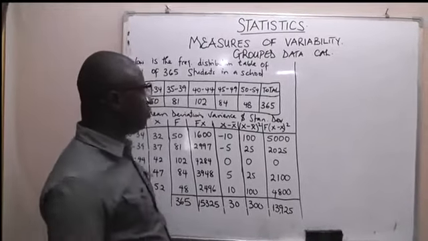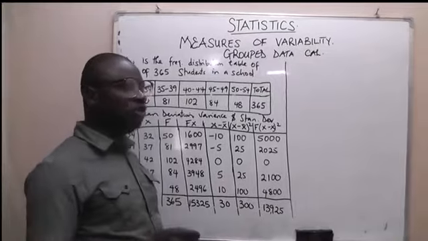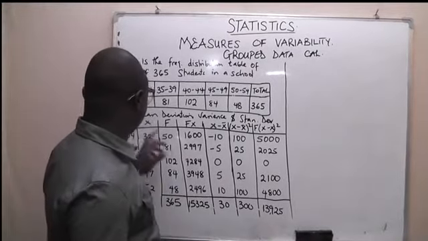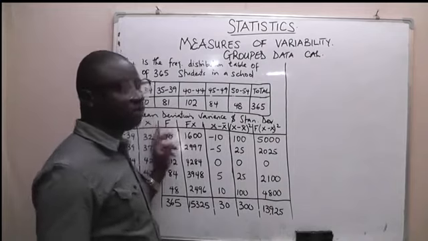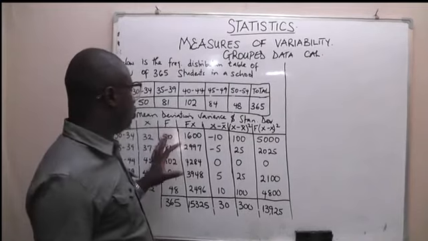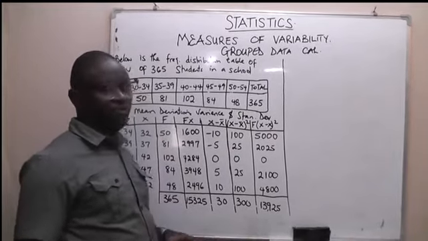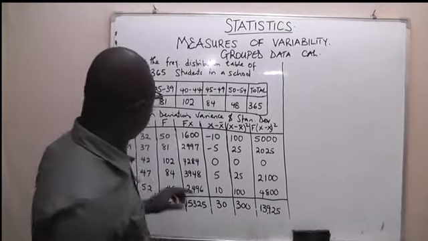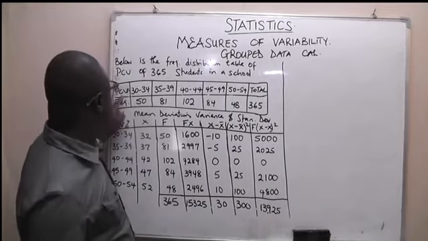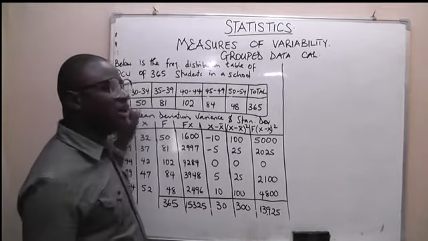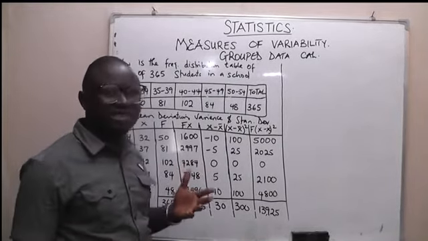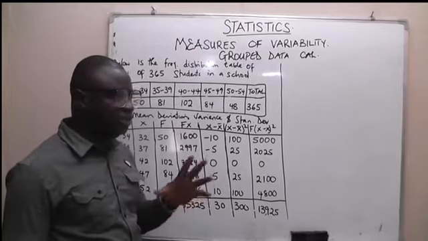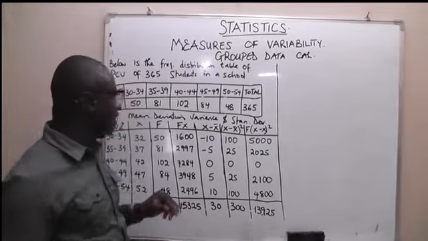Before we go into the calculation for these values, we need to prepare a table that will be necessary for the calculation. You will write this PCV, which could also mean class interval. In case you see that in your textbook, class interval is the same thing.